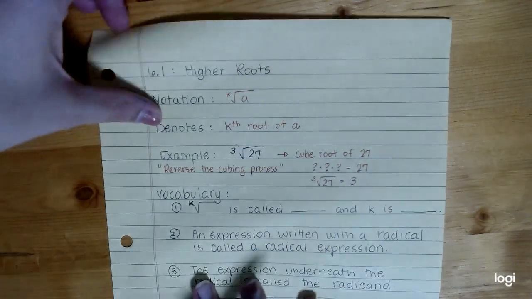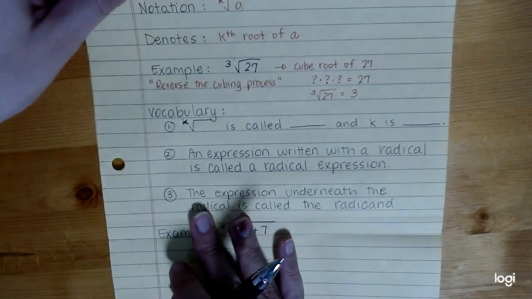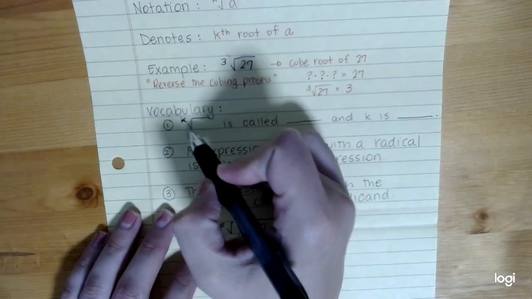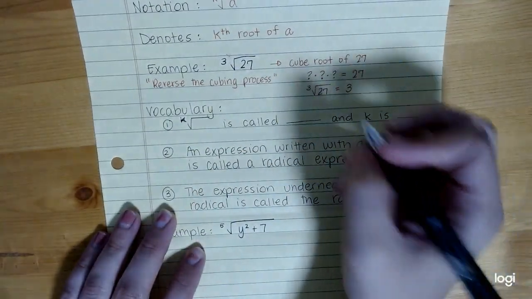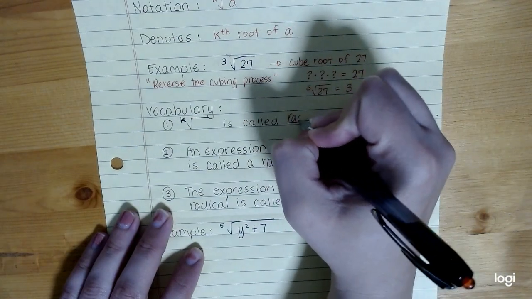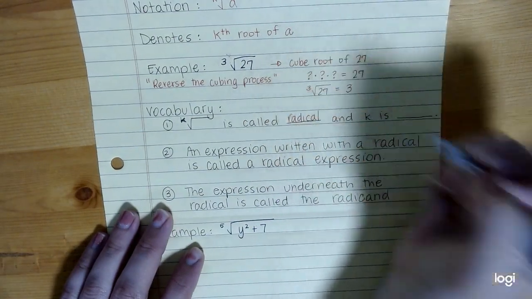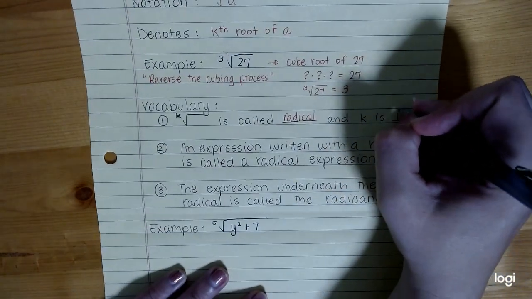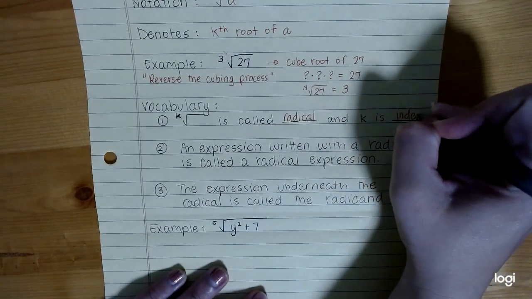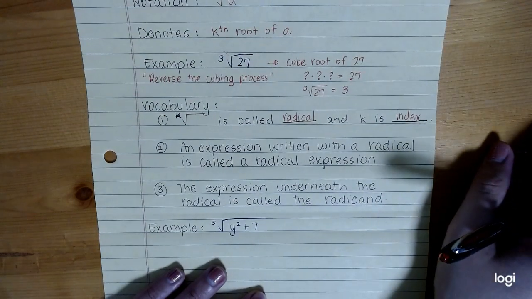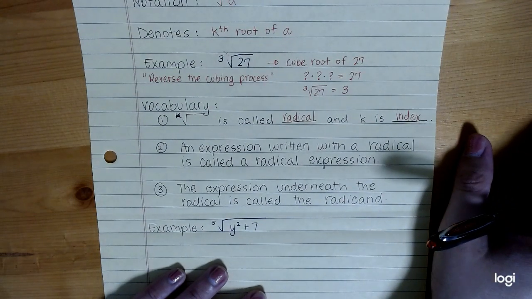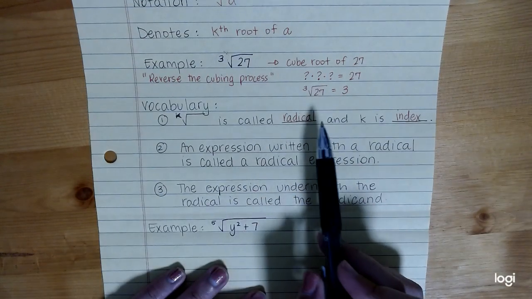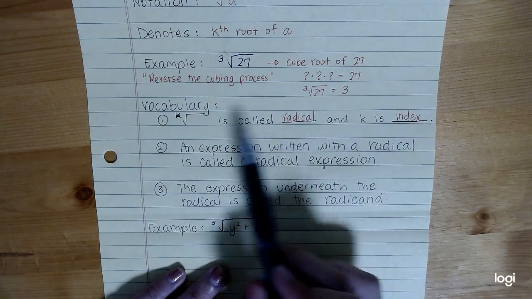So we just need to make sure we're all very clear on some vocabulary here. This kth root symbol, we refer to that as our radical. And then K is what we call the index of our radical. So that's really telling us what process we're trying to reverse. So we've got our radical and K is the index.